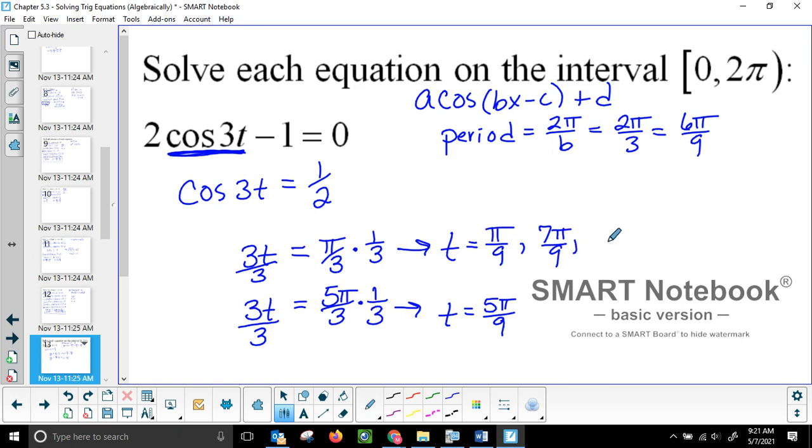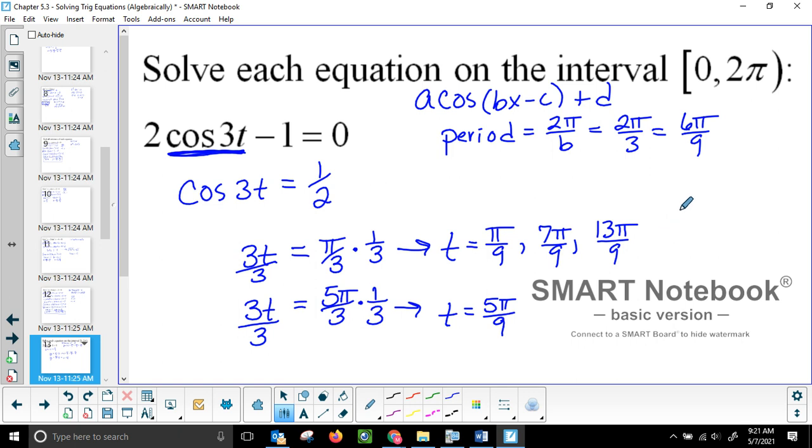So if I add 6 pi over 9 again, what do I get? 13 pi over 9. Is that still between 0 and 2? Yes, 13 over 9, definitely not 2 yet. What if I add 6 pi over 9 again? 19 pi over 9.